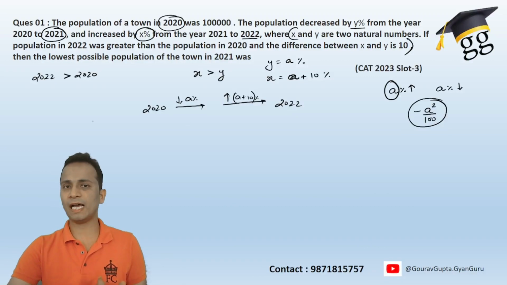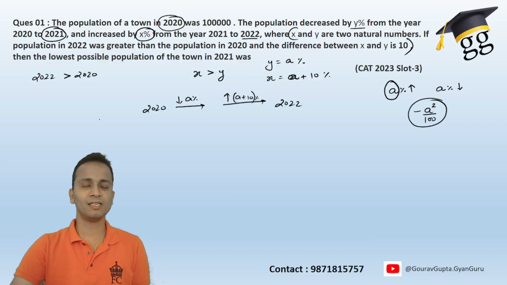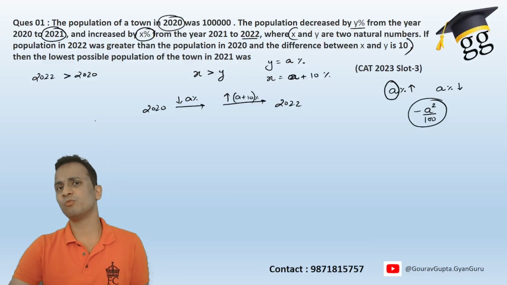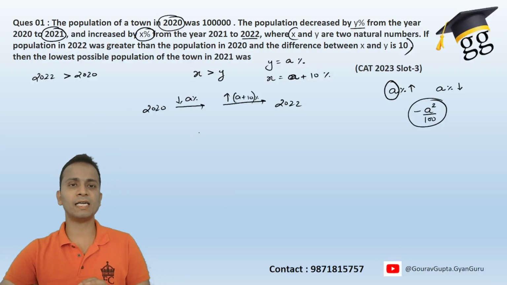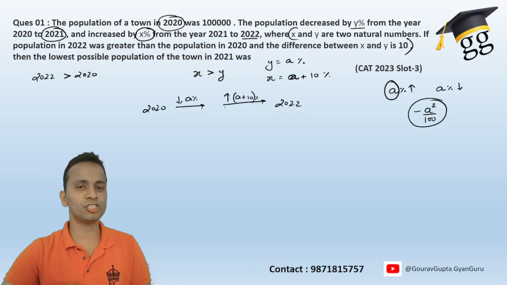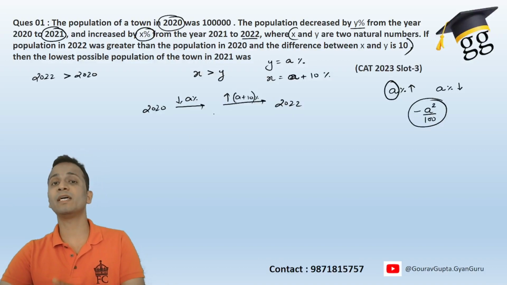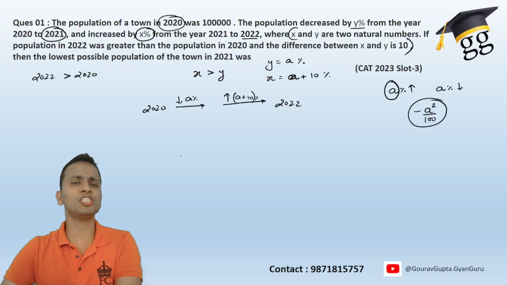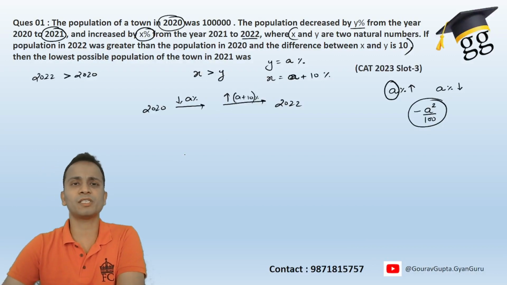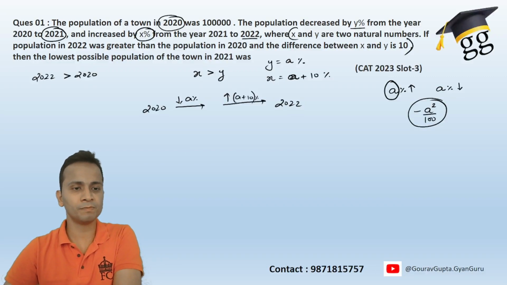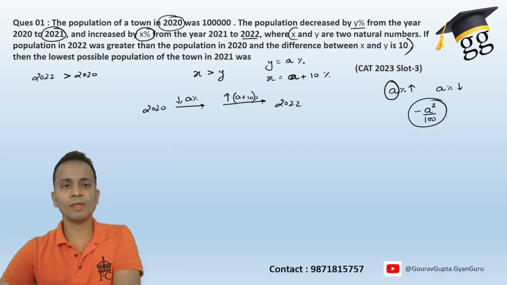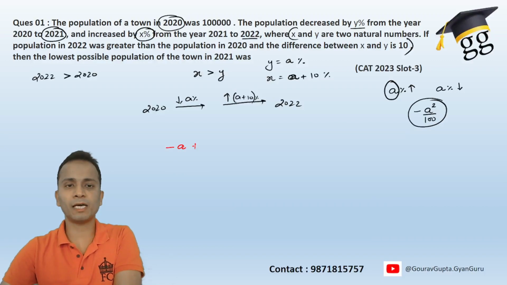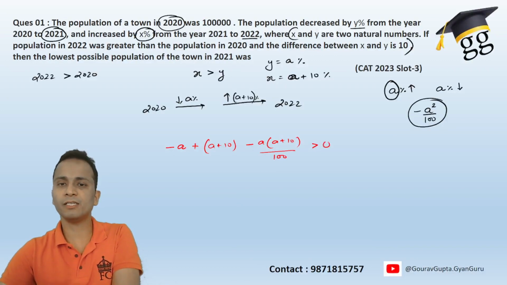Also, since the population has increased, the net percentage increase is more than 0. So if I apply the formula of successive percentage change here, the value should be greater than 0. So let's calculate the net percentage change using the formula x plus y plus xy upon 100. So it will be minus A plus A plus 10 minus A into A plus 10 divided by 100 should be greater than 0.